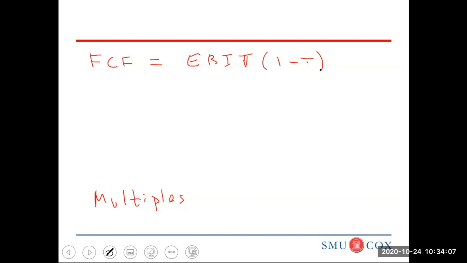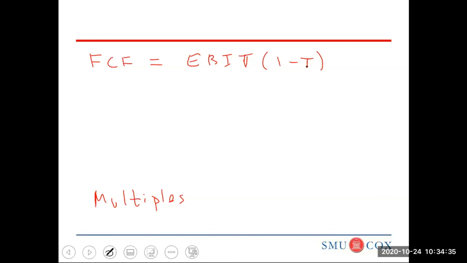And tax rate, you have to be a little bit careful here because it is unlevered tax rate. If you go to financial statements or your income statements and see taxes there, for free cash flow purposes you run this calculation. You don't want to just take your taxes from your income statement.